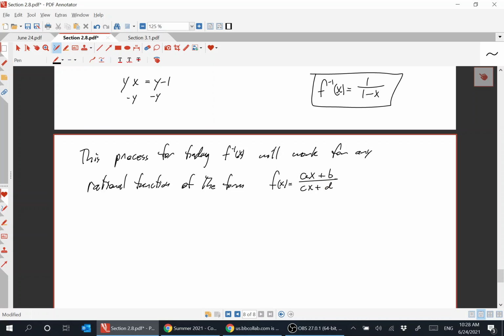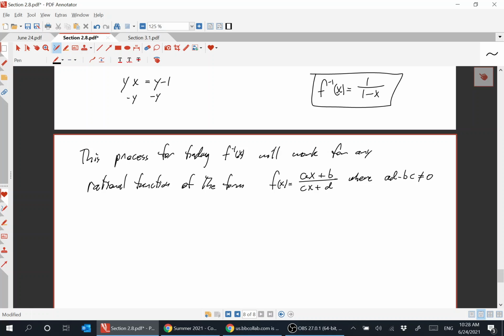Such a function, a linear polynomial divided by a linear polynomial, well, there's one restriction, where ad minus bc is not 0. So you have to have that ad minus bc is not equal to 0. So just a technical thing.